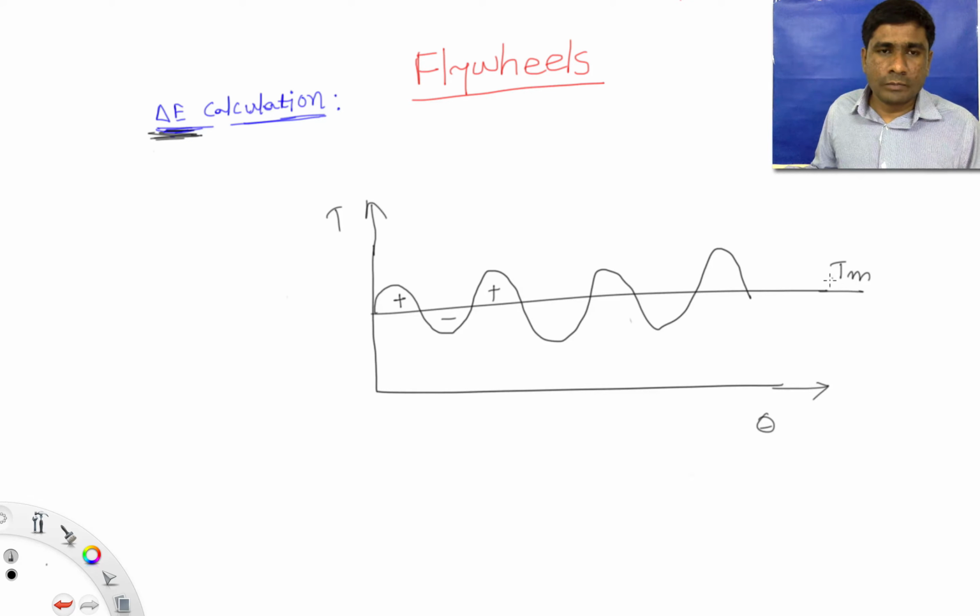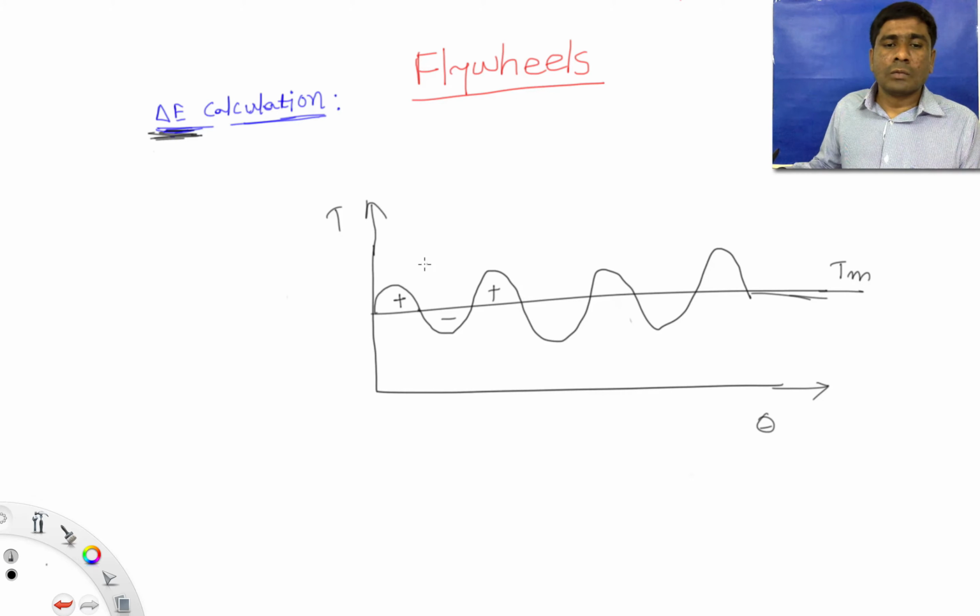Because in the case of the 2-stroke double acting engine, we calculated the maximum fluctuation of energy by observing the maximum surplus or deficit area around the T mean. But in the case of a multi-cylinder engine, we shouldn't do that. Instead we should follow the procedure that I have already explained.